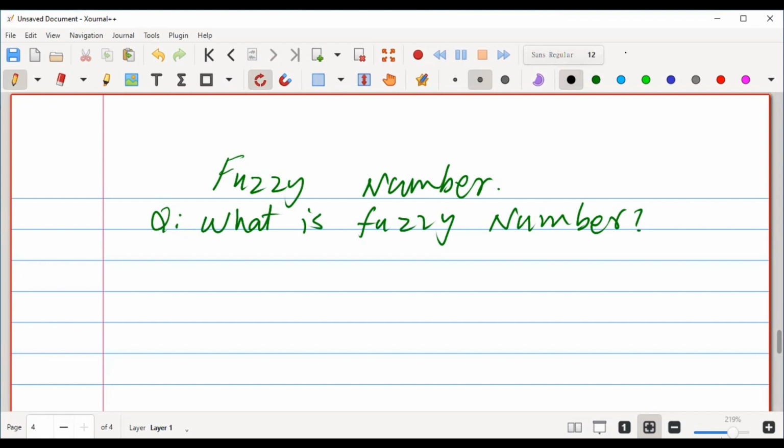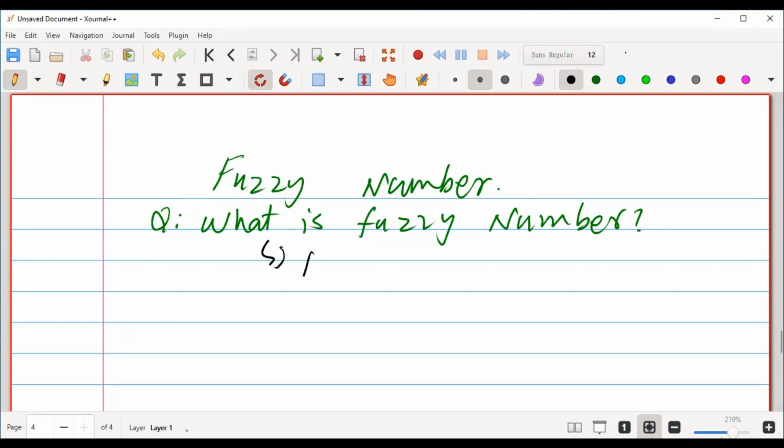We can express the fuzzy number as a fuzzy set defining a fuzzy interval in real number, or we will define the fuzzy number in real number, and fuzzy number is a fuzzy set.